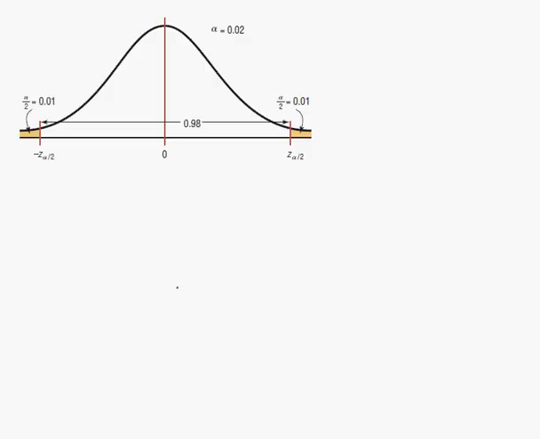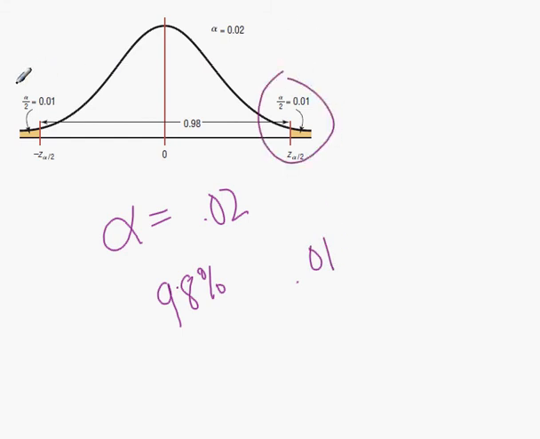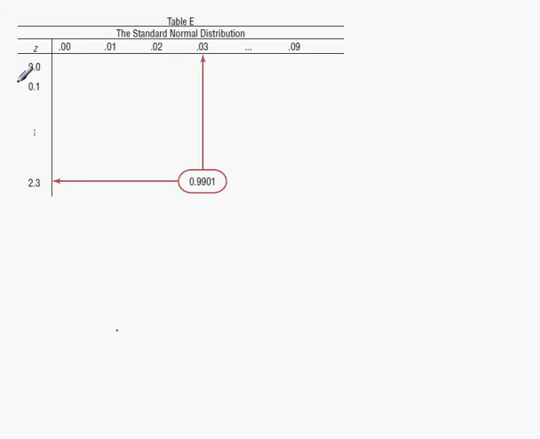Here's a good graph explaining alpha, which is your error. If you want an error equal to 0.02, which means that you're 98% sure, that means alpha over 2 is 0.01, and then you have this 0.01 on both sides of the curve. For this value, you would look for 0.99, or 0.01. The book again likes to show that you're looking for 0.99.